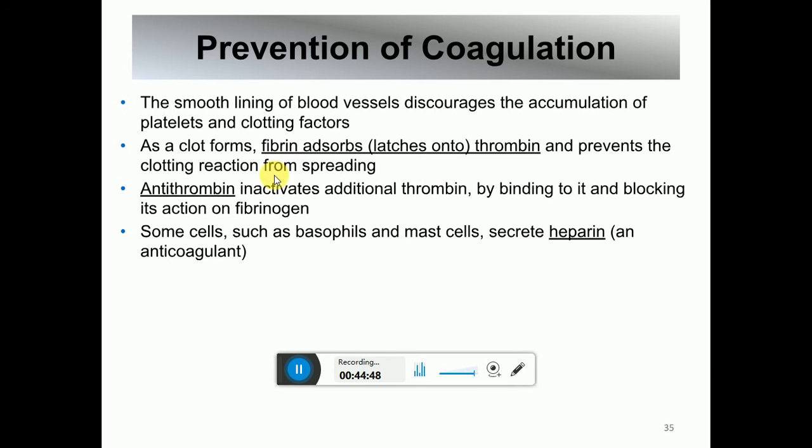So these two are really about preventing the spread of the blood clot. If a blood clot is starting to form already, but we want to prevent it from spreading, these are the two different systems that happen in the body. We've got antithrombin that starts to deactivate thrombin, preventing it from spreading the blood clot all over, while also fibrin can latch onto thrombin and prevent the spread as well.